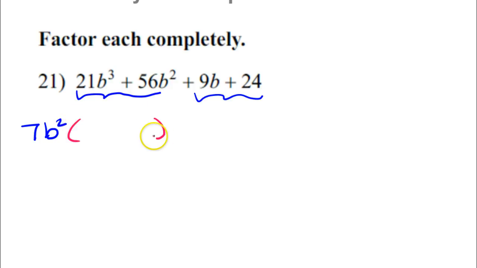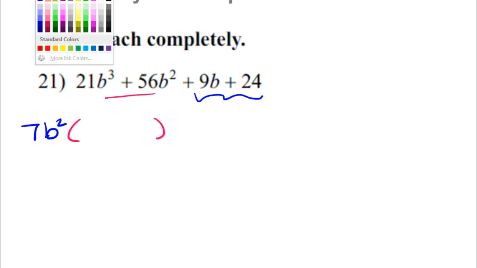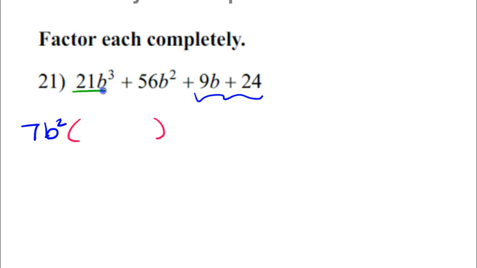all right, let's see what that leaves behind. So remember, it's basically like I'm dividing. In fact, that is what I'm doing. So when I factor out a GCF, you can think of it as dividing by 7b squared, if it helps you, if you need to.